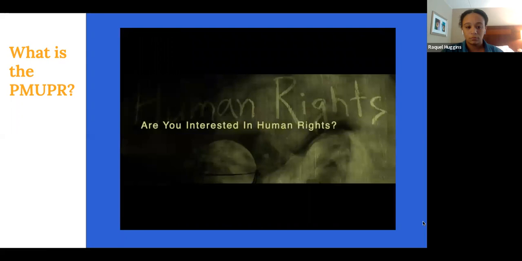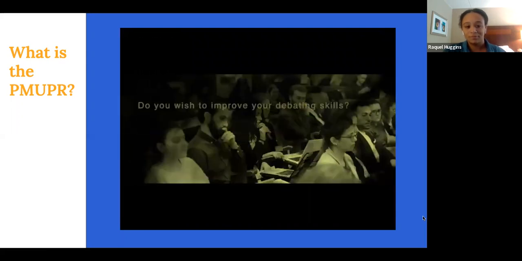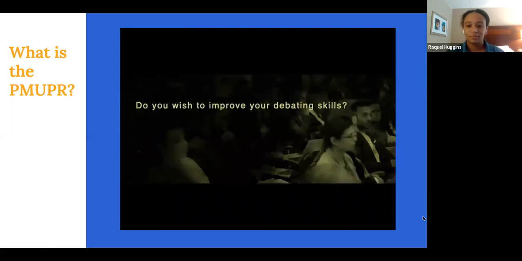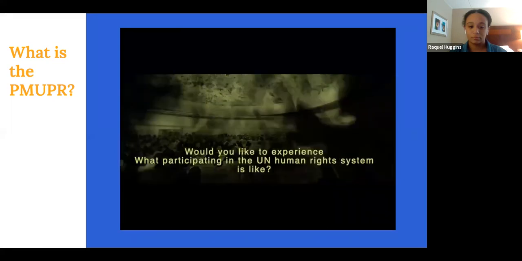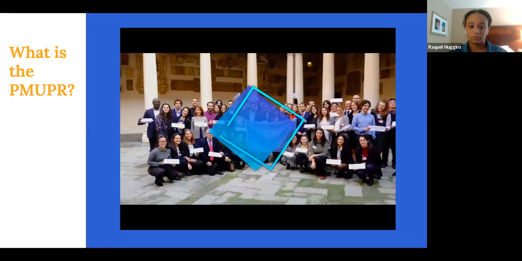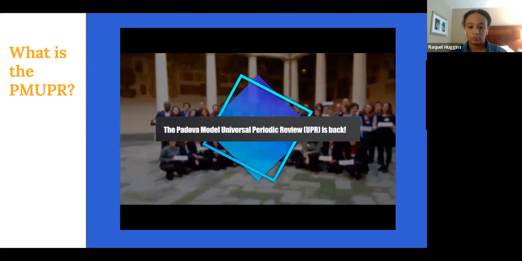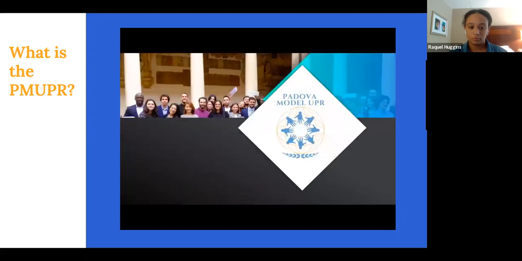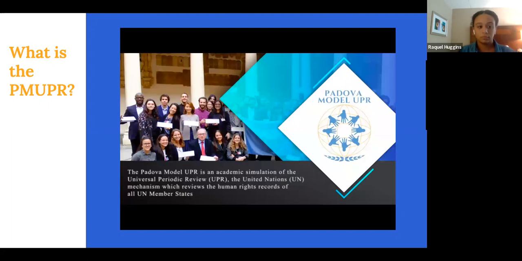Are you interested in human rights? Do you wish to improve your debating skills? Would you like to experience what participating in the UN human rights system is like? Well, the Padova Model Universal Periodic Review, or UPR, is back. The Padova Model UPR is an academic simulation of the Universal Periodic Review, which is a mechanism that reviews the human rights records of all UN member states.